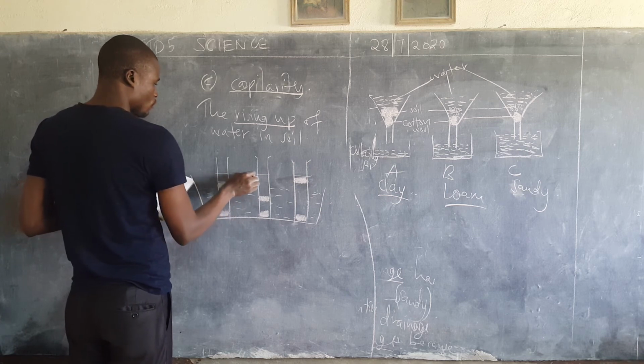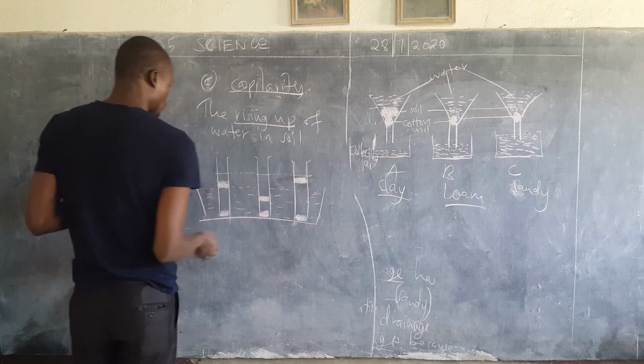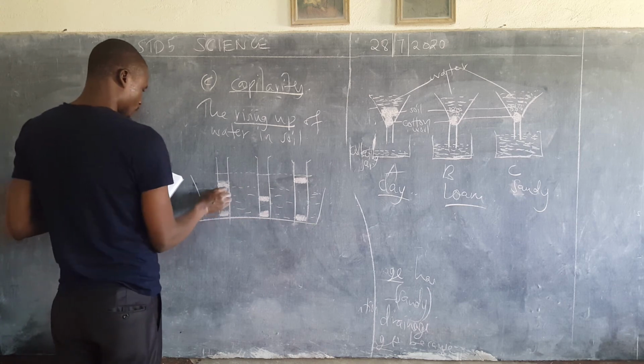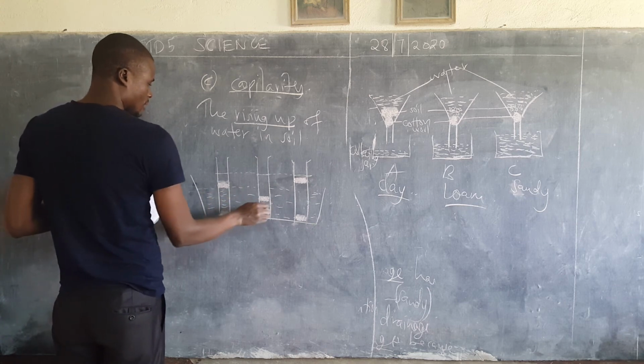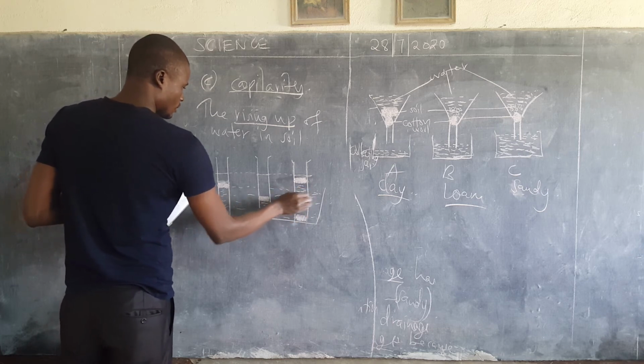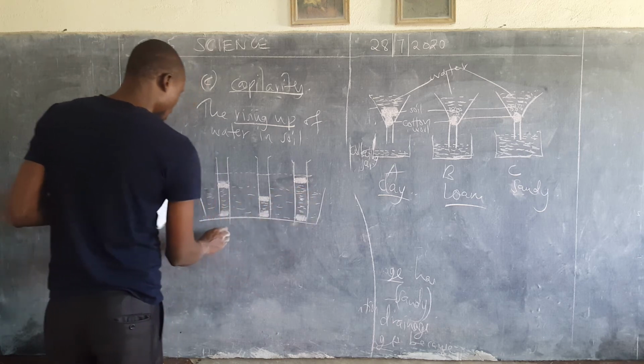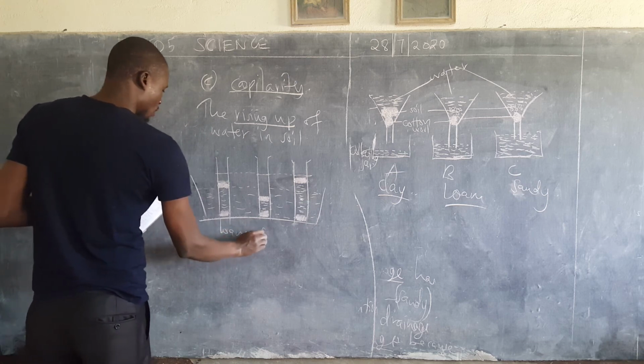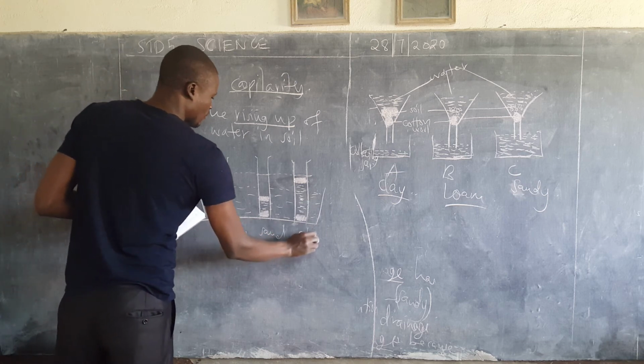So this is the level of water at which we place our water. Then you can see here we have that. So here we have loam, here we have sand, and here we have clay.